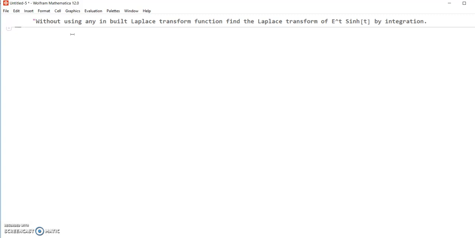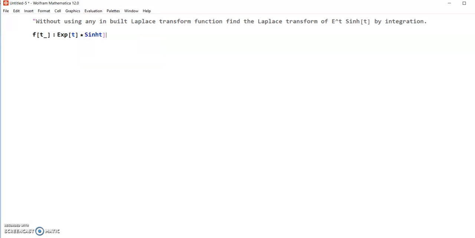Okay, so maybe I define this function as a function of t by this expression: function of t is equal to e power t, so that means exponent of t, times sine hyperbolic of t.